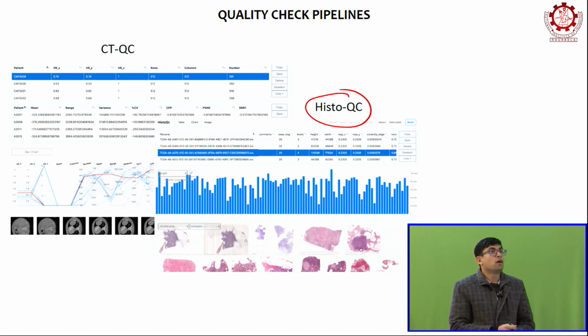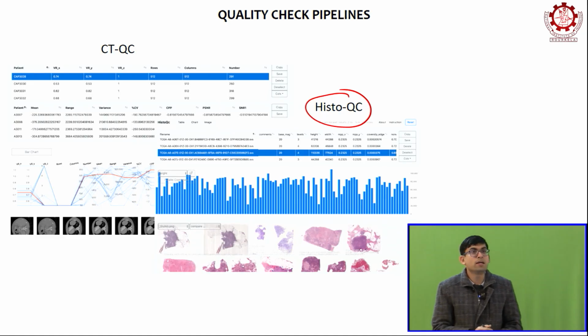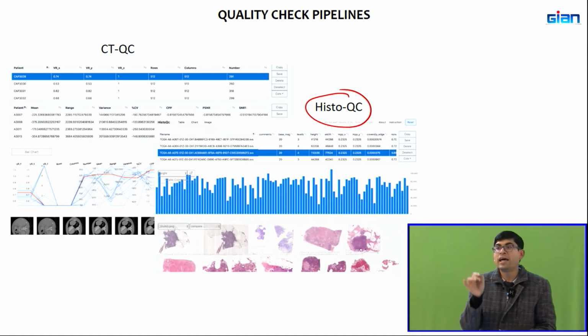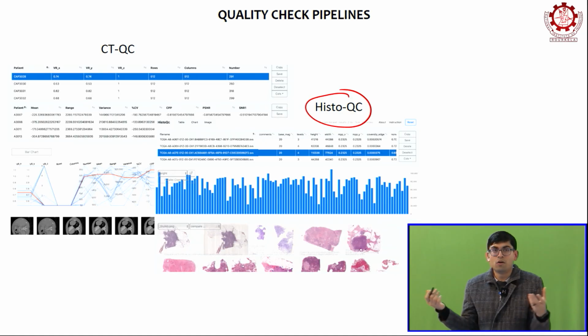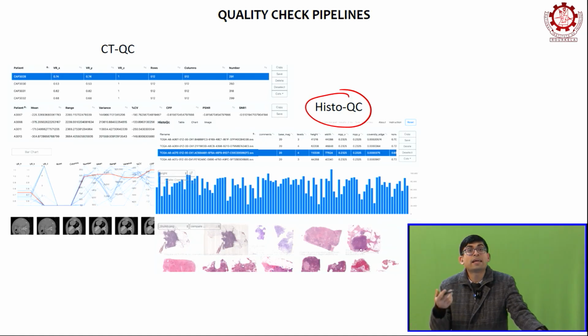Similarly, interestingly, I've heard from one of my colleagues that a hair went into one of these slides while they put the slide cover on, and it seemed like it was a part of the tissue. So these things need to be removed. There can be air bubbles. These air bubbles can be confused with some glandular structure or something.